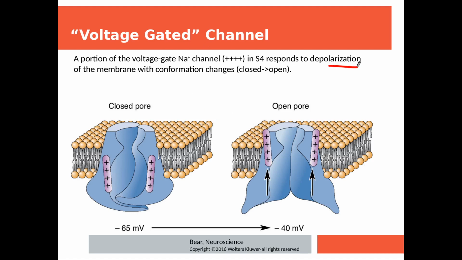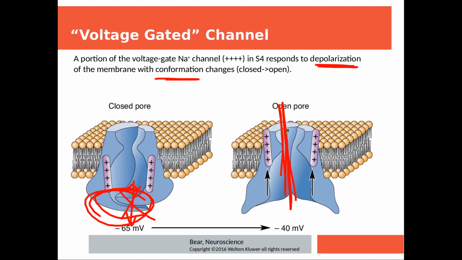And so when the depolarization happens, the membrane potential goes up, then the conformation of these proteins changes. See, it's closed here. The ions can't flow through. But when it moves, then the conformation changes, allowing sodium ions to flow through.